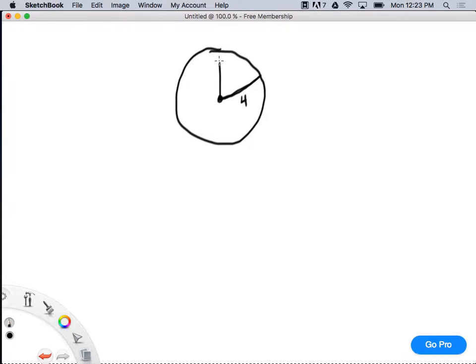And I cut out this sector here. What's this called? Sector. I cut out this sector here, and I tell you that this angle is 60 degrees.